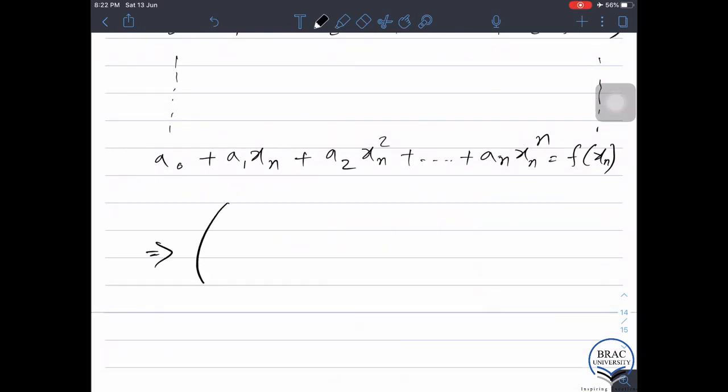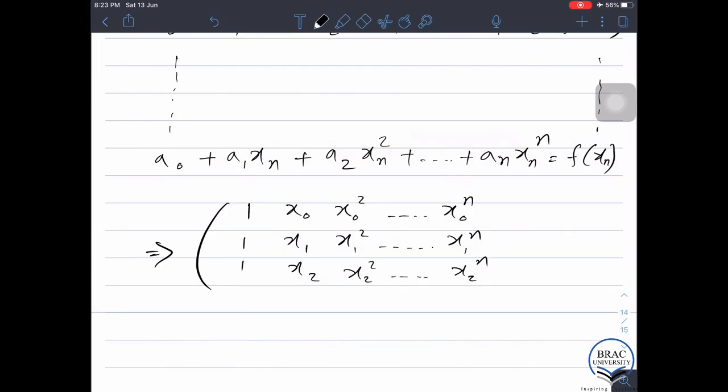So with matrices we can write these set of equations like this: 1, x0, x0 square up till x0 to the power n; 1, x1, x1 square up till x1 to the power n; 1, x2, x2 square up till x2 to the power n; and the last one, which is 1, xn, xn square up till xn to the power n.